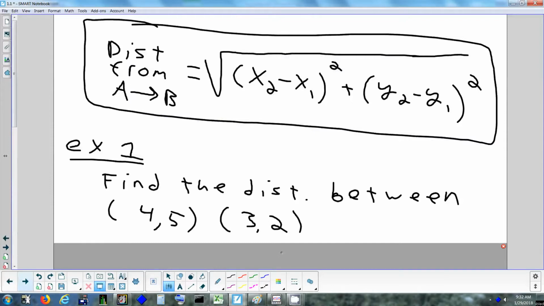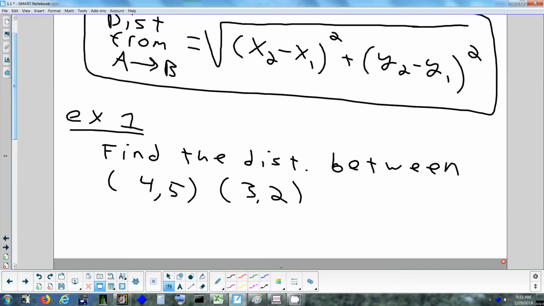Now, I'm hoping most people can plug that in, get the answer. What I'm more interested in is once you get the answer, it's going to usually be a square root. Sometimes you have to simplify a square root. That's the part that I really want to focus on. Sometimes you have to simplify, sometimes you don't.